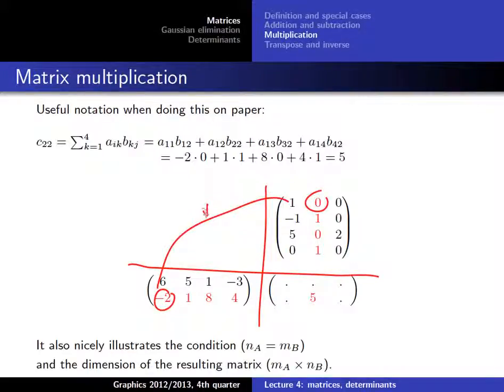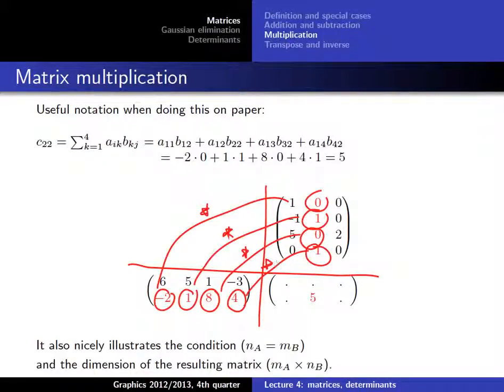You multiply the coefficients pairwise with each other, multiplication of all these pairs here. And then you sum up the result, and then you get your entry at exactly that position where it appears in the final matrix.